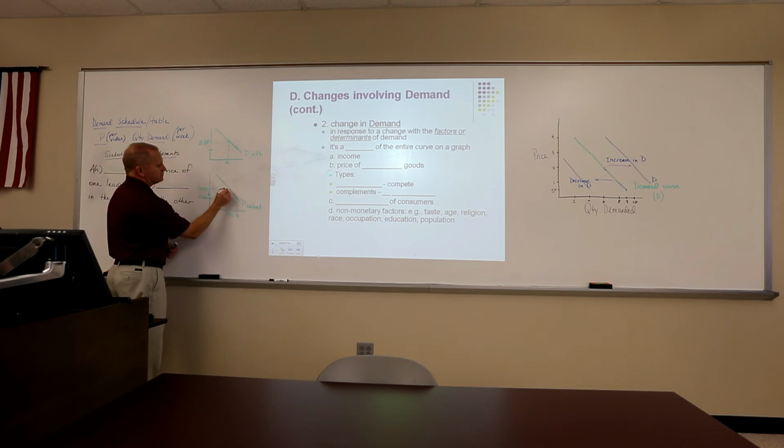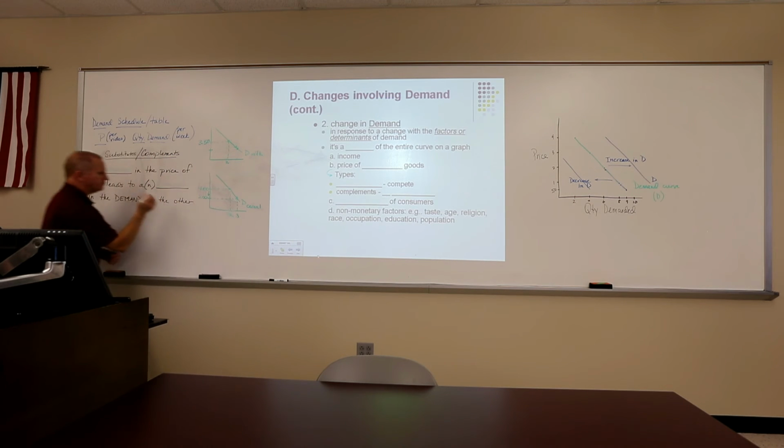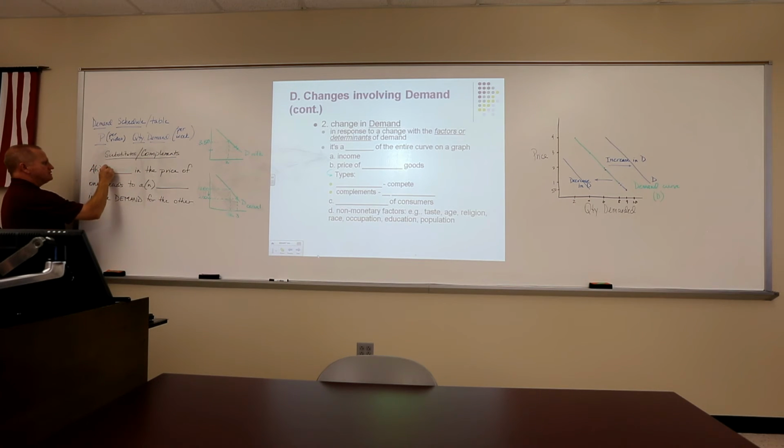So this is a movement along the curve. Let me go ahead and fill this in. Decrease in the price of one, cereal. And I don't care if it's just cereal, I don't care what brand. Leads to a blank in the demand for the other. You know they go together.